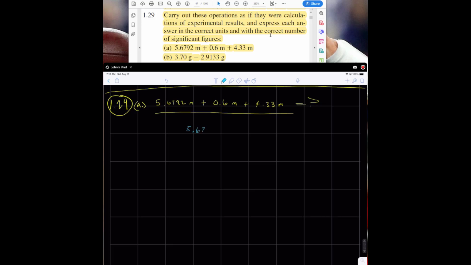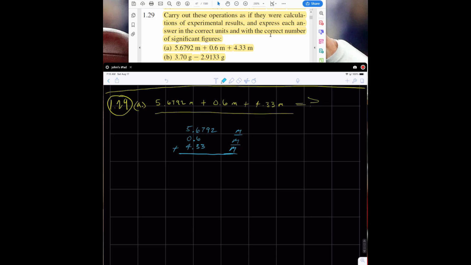by aligning everything with the decimal. I'm not going to bother with the units. I'll put these off to the side here. Meters. You can just keep tabs on the units there, so we're dealing with all the same type of units.